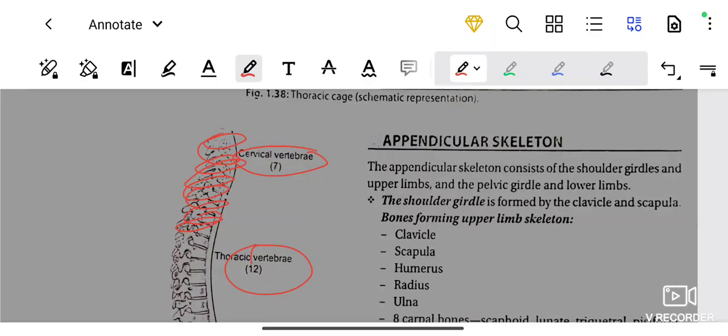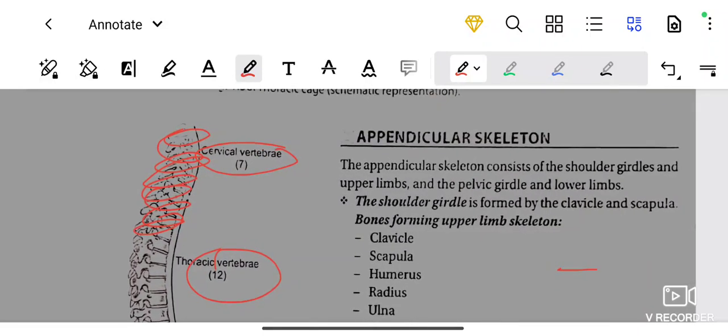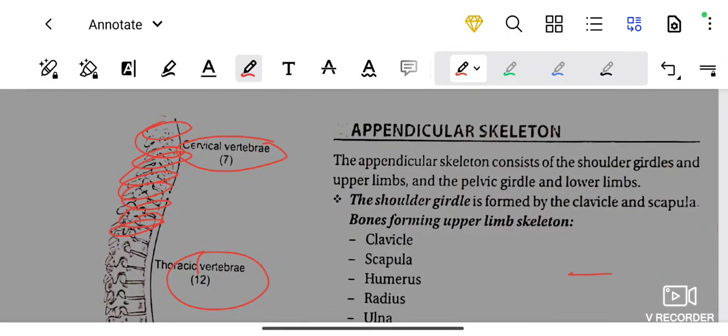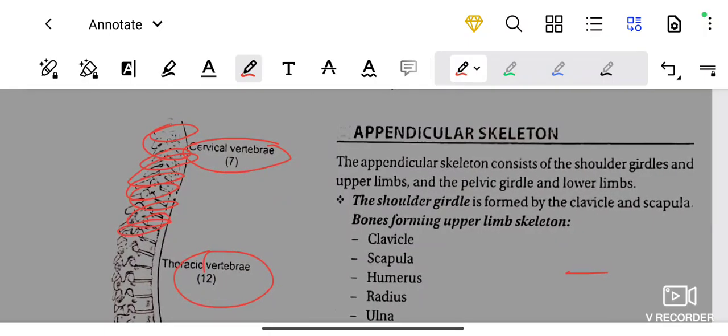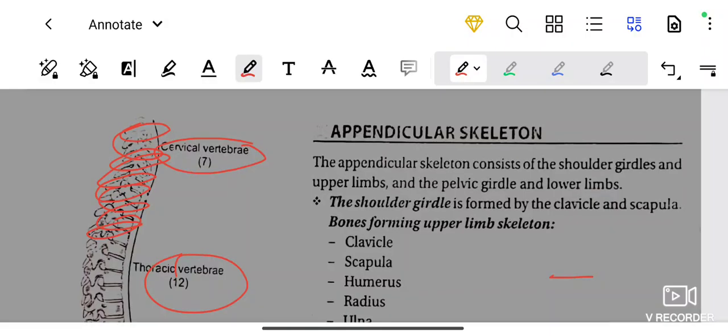This is the axial skeleton. Now we are discussing the appendicular skeleton. The appendicular skeleton consists of the shoulder girdles and upper limbs, and the pelvic girdles and lower limbs.